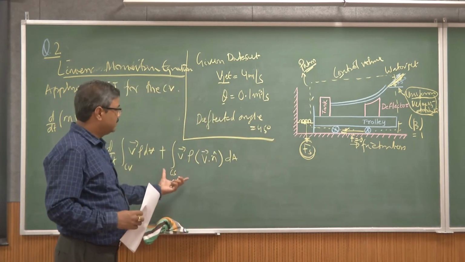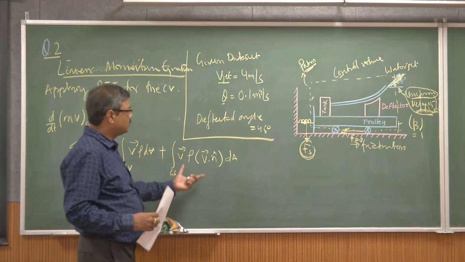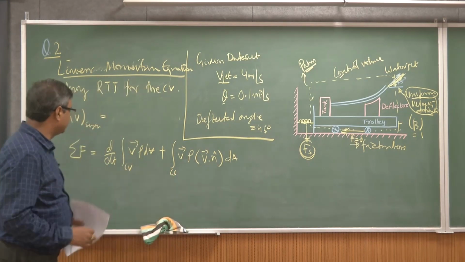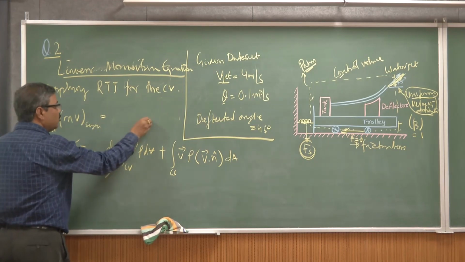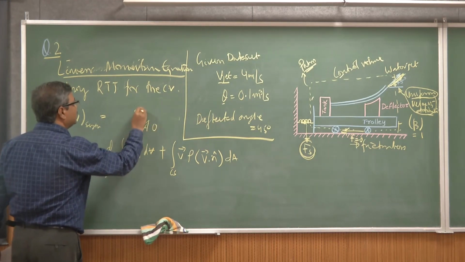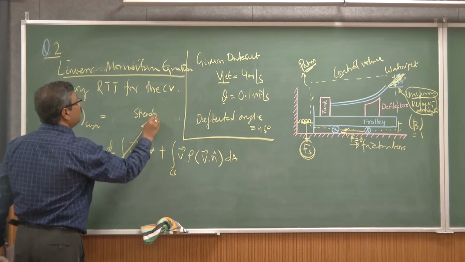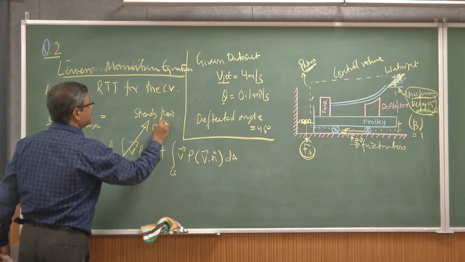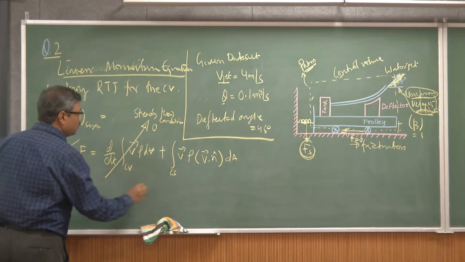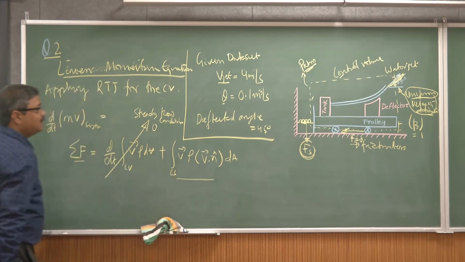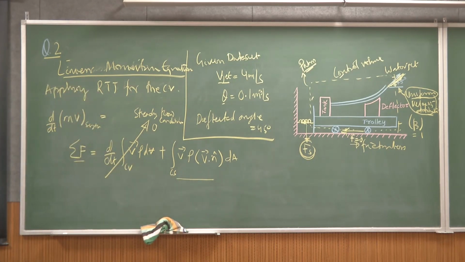So if you look at this case, this term becomes 0 as it is a steady flow condition. So only the sum of the force components and the momentum flux through this control surface remain. That's what we need to put.